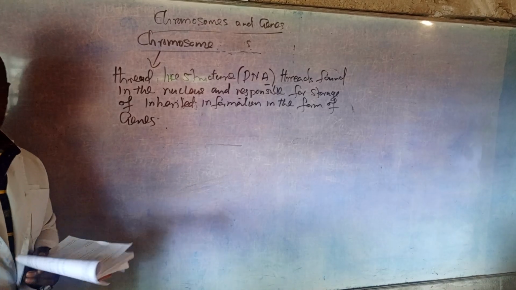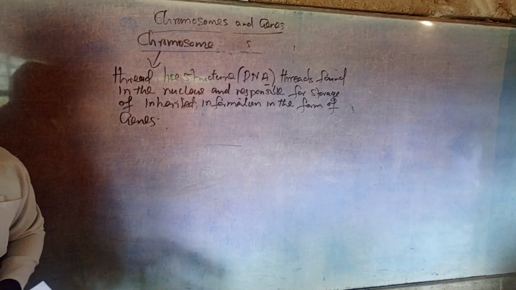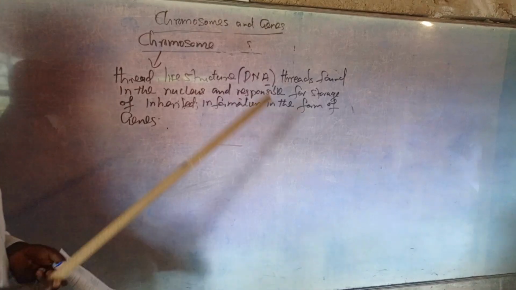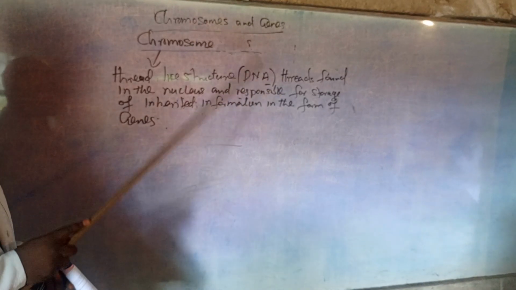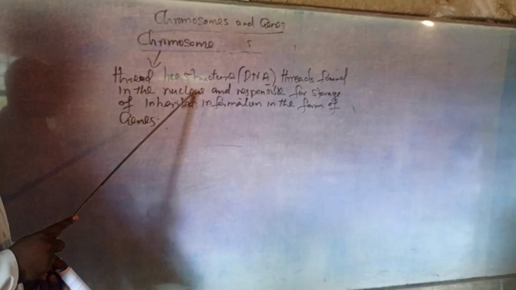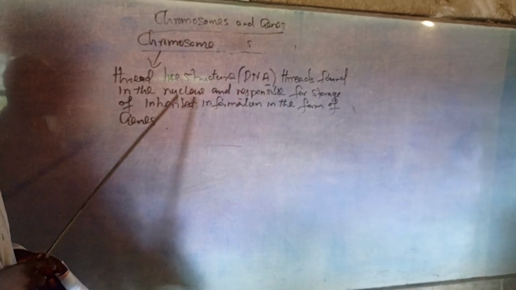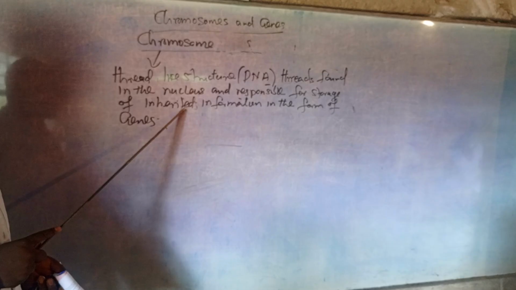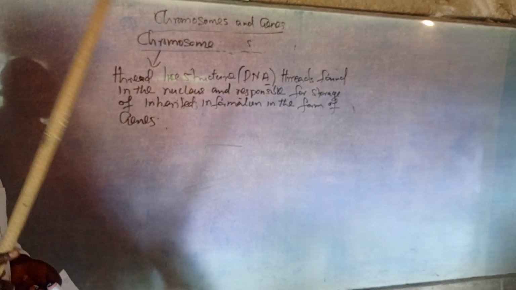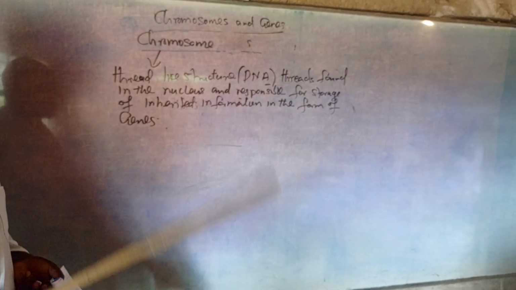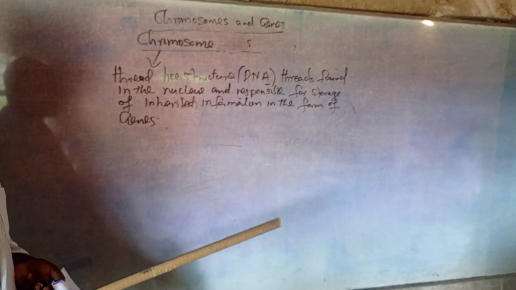So a chromosome is a DNA thread-like structure found in the nucleus and responsible for storage of inherited information in form of genes. Which means chromosomes store the inherited information, which is the gene.